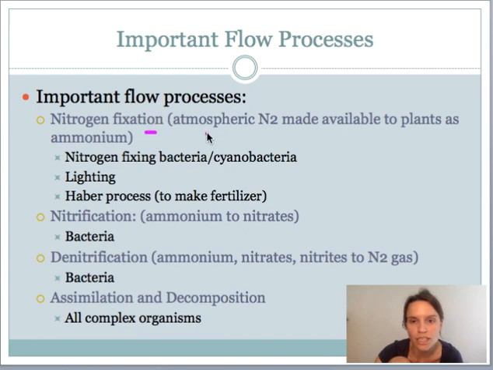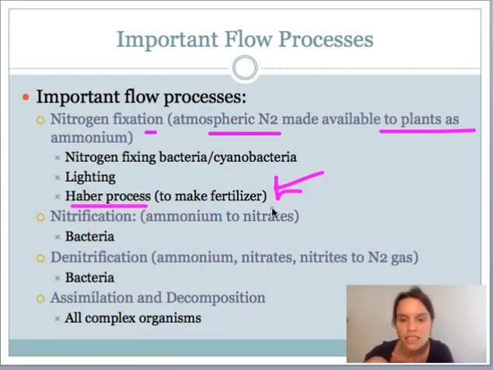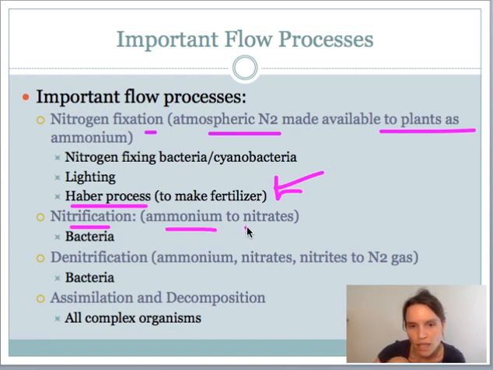Nitrogen fixation is when atmospheric nitrogen is made available to plants. We have a huge impact here through what is called the Haber process. We are artificially taking nitrogen out of the atmosphere and using it to create fertilizer so that we can grow food. Nitrification is when nitrogen that's locked up in ammonium compounds turns into nitrate so that it's readily available to living organisms.